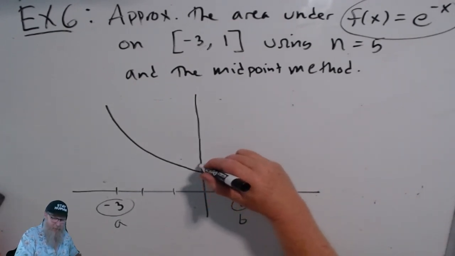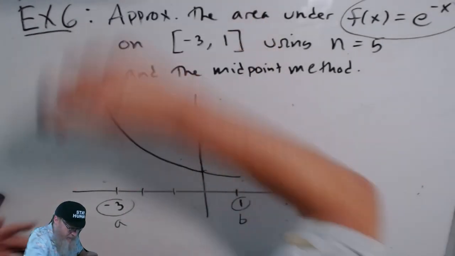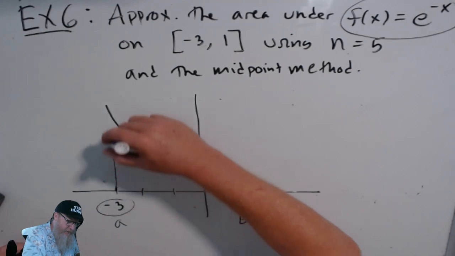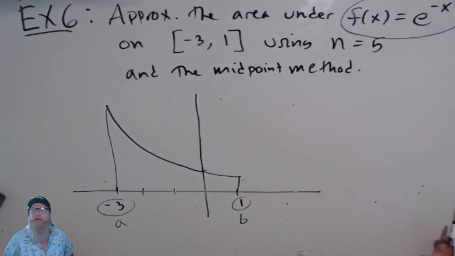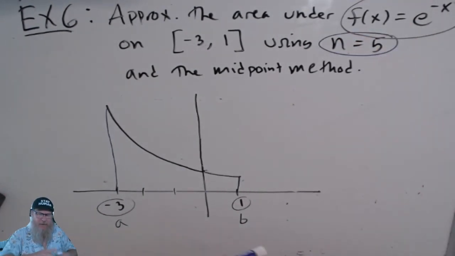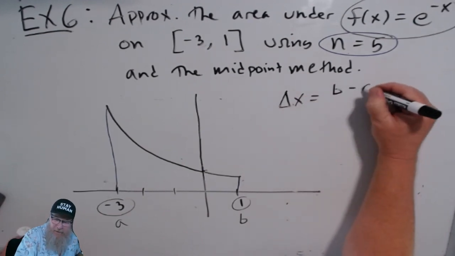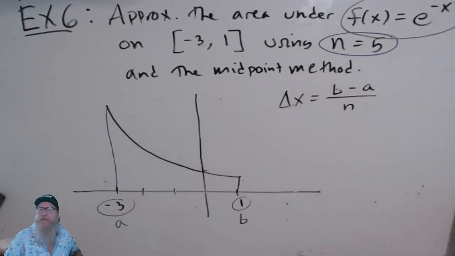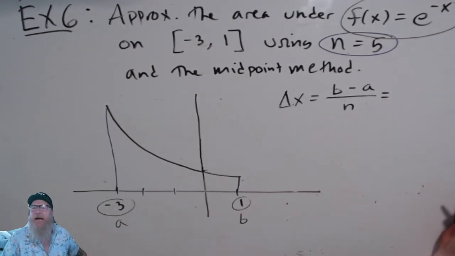We're not going to use that point because it's not a midpoint anyway. So we want to know this area here under the curve. Now we're using 5 rectangles. So our delta x, just a quick reminder, watching this video on a different day than I filmed it, is b minus a over n.